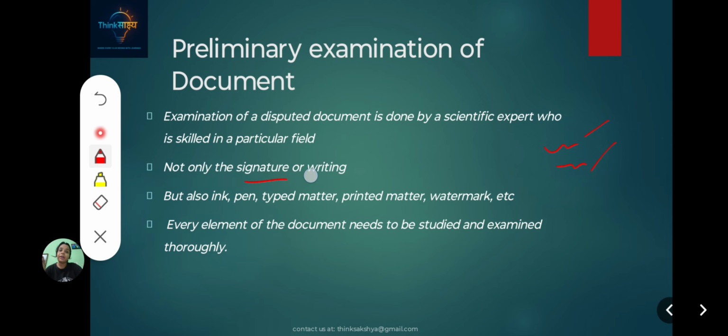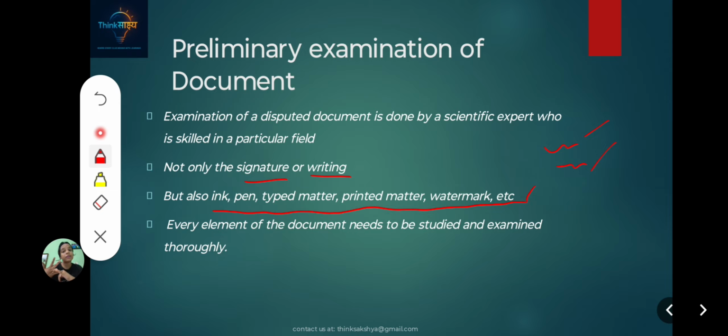Signature or the writing are not the only things that are compared in a document, but we also compare ink, pen, typed matter, printed matter, watermark, and many more things. In a document, there are various things that accumulate and form a document. If you have to write something, first of all, we will use paper. Secondly, we will use a pen.